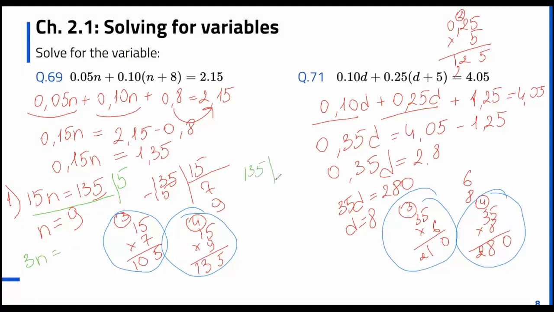Let's do this. So minus 10, 2, and 15. I got confused, sorry. 35. 2, 35, 7, 27. Like this. And you can also get 9.